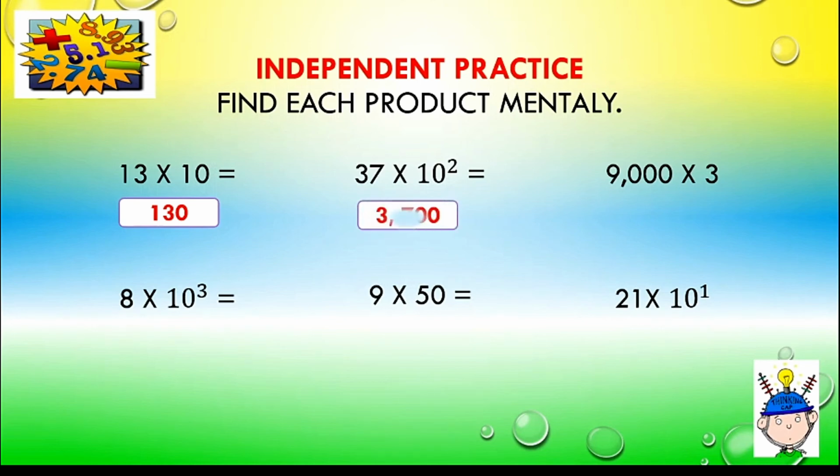Therefore, the answer is 3,700. And last number, 9,000 times 3, or 9 times 3 equals 27, and copy how many zeros? 3. Therefore, the answer is 27,000.